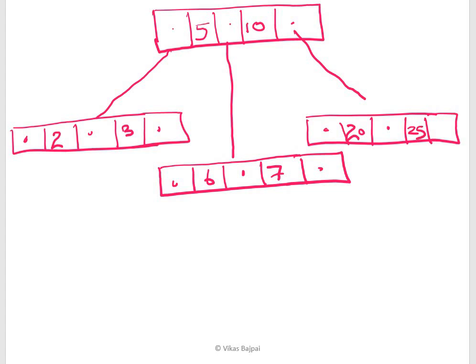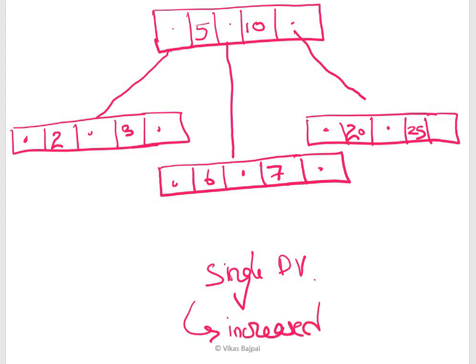Now that's how the overall setup is. It's like, once again, the same content, pointers on the left hand and right hand side, but instead of having a single data value, now we have increased this particular part, right?